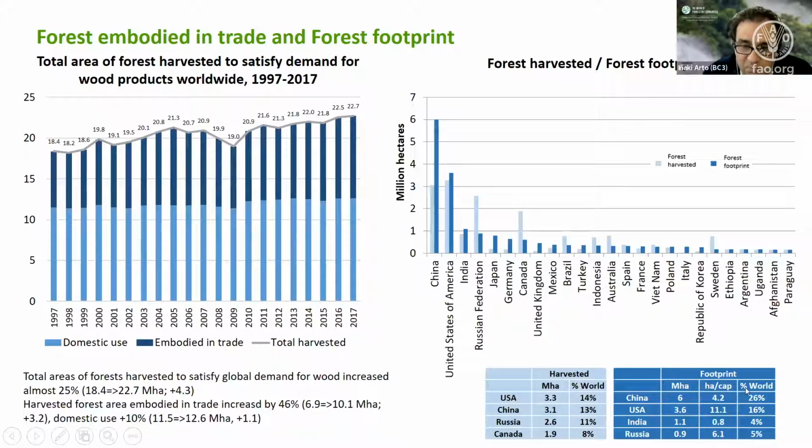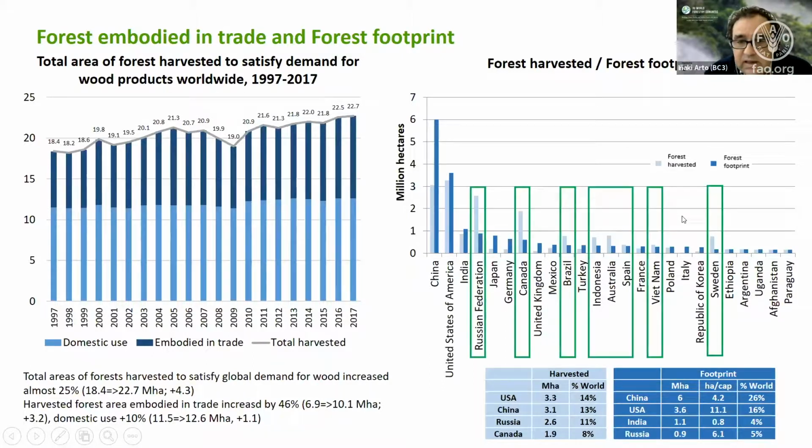In terms of hectares per capita, the picture changed a lot. For instance, you can see that in China the forest footprint is 4.2 million hectares, while in the United States it is 11 million. In India it is just 0.8, and in Russia 6.1. And also you can see the imbalances of the different countries. You can see countries that have a surplus in terms of forest harvested.